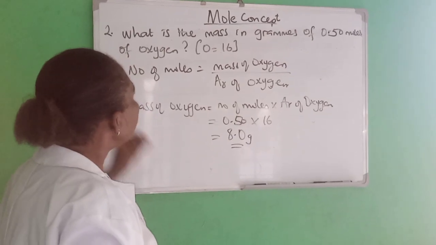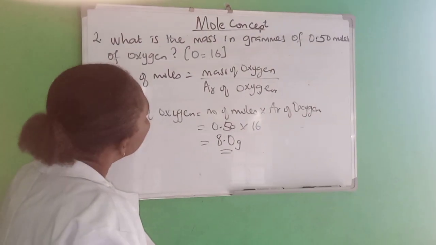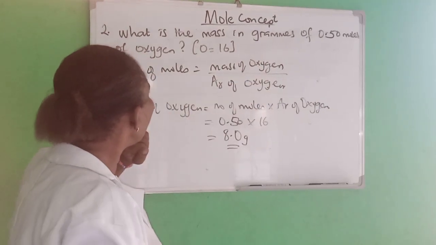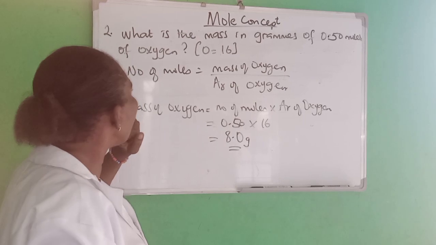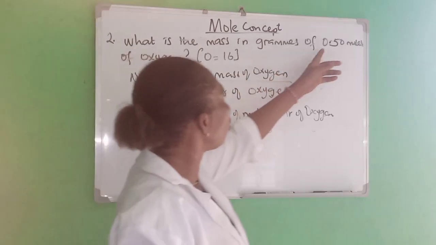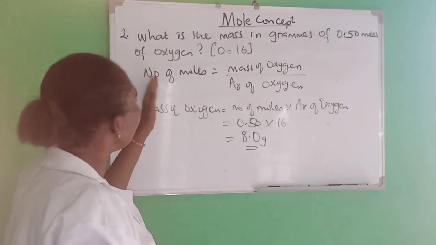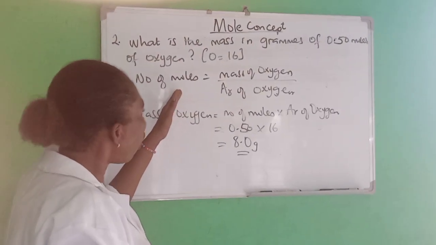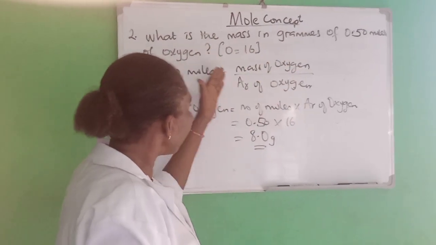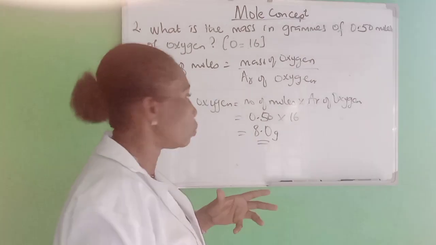Now remember that we were asked to find the mass of oxygen here, and we have been given the relative atomic mass of oxygen in brackets. That's the information given to us with which we can solve, and we have been given the number of moles, which is 0.5 moles. Going by our formula, if we are to determine number of moles for an element, we do mass of oxygen divided by relative atomic mass of oxygen, because oxygen is the element we are talking about.